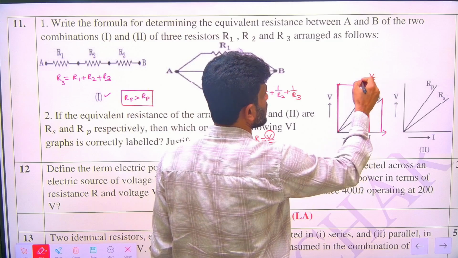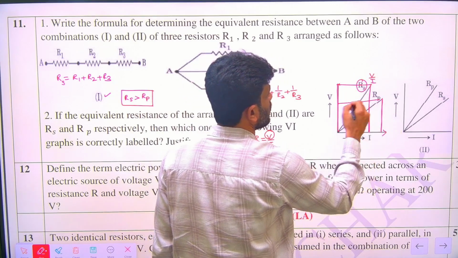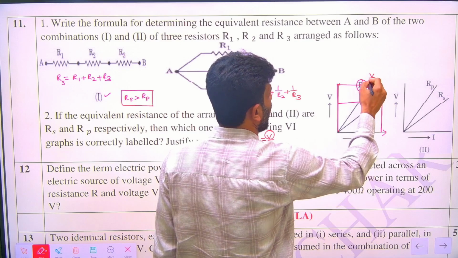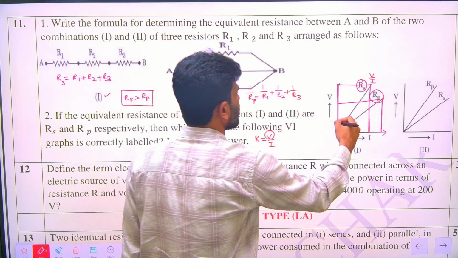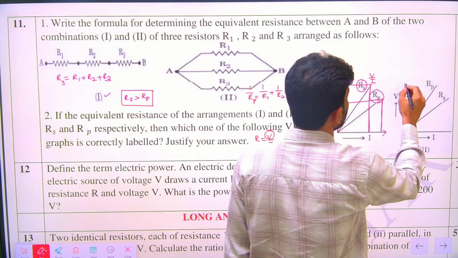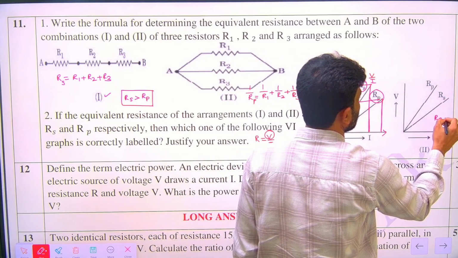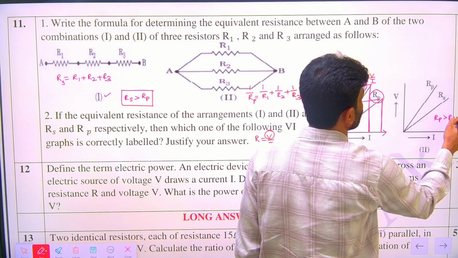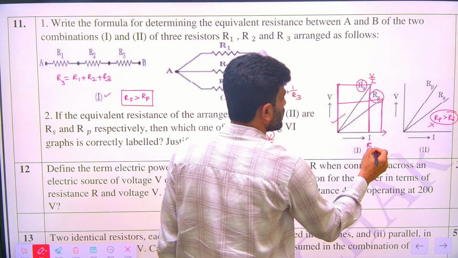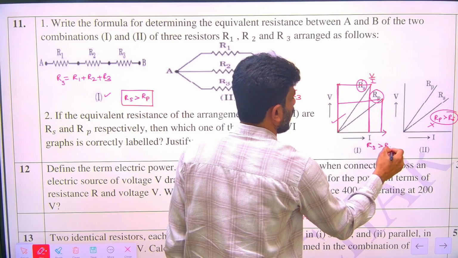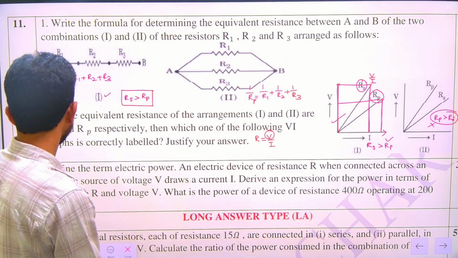Voltage more and current less means RS is more. And here current is more, voltage is less, so RP is less. RS is greater than RP should be satisfied, and that is satisfied in the first figure. In the second figure, RP is more and RS is less, so RP is more than RS, which is false. In the first figure, RS is greater than RP, this is true. So the first figure is correct.